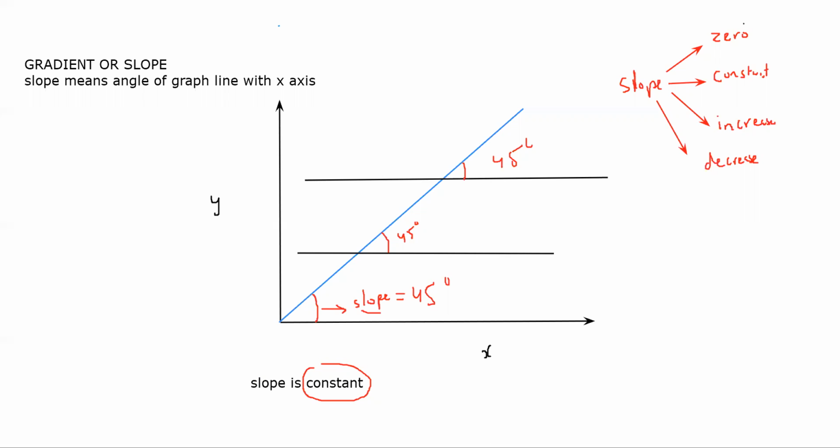Later you can copy this from the video, or you can take the picture and later copy. Then if you have another type of a graph, x-axis and y-axis, slope can be constant, it can be zero, it can be increasing or decreasing. These are the only possibilities.